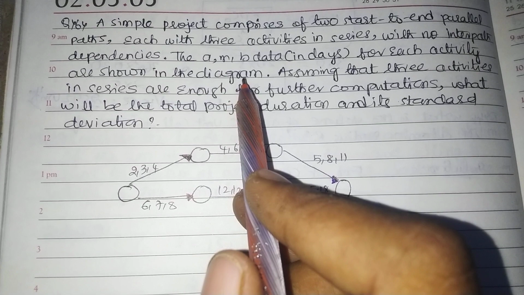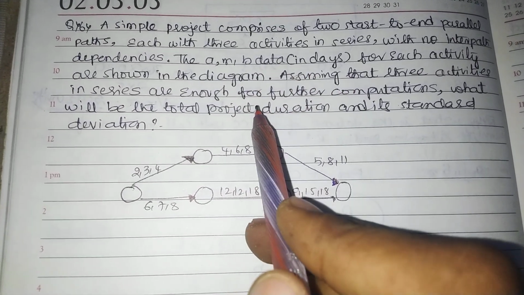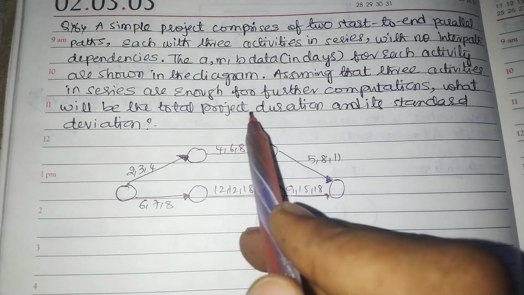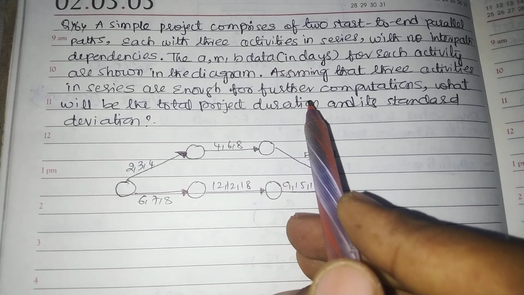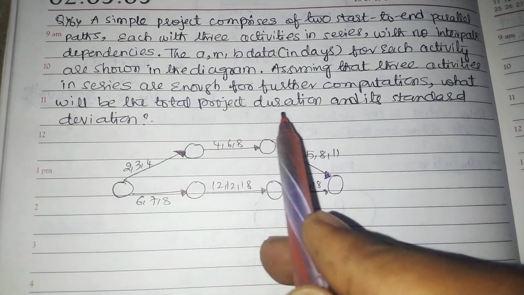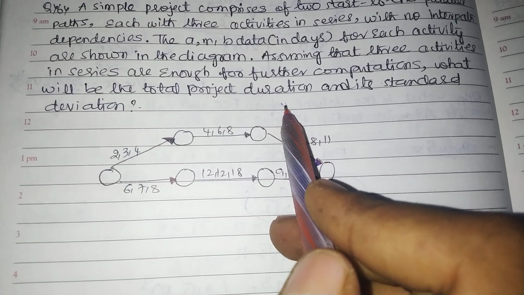The A, M, B data in days for each activity are shown in the diagram. Assume that three activities in series are enough for the further computation. What will be the total project duration and its standard deviation? We have to calculate the total project duration and standard deviation.